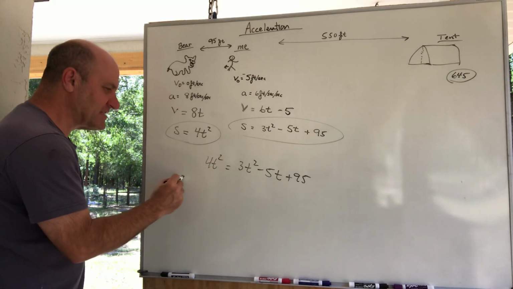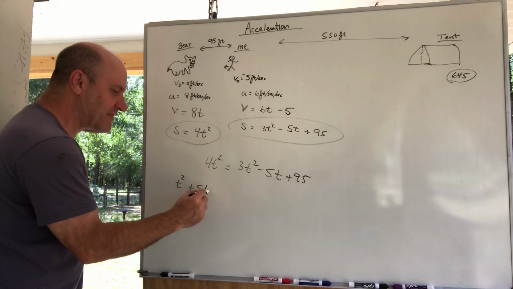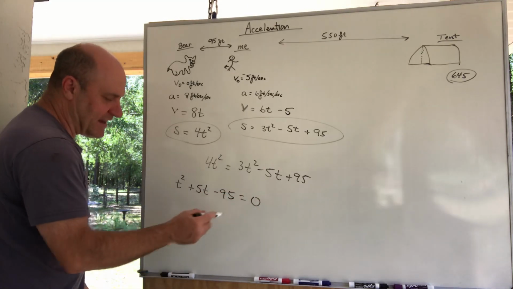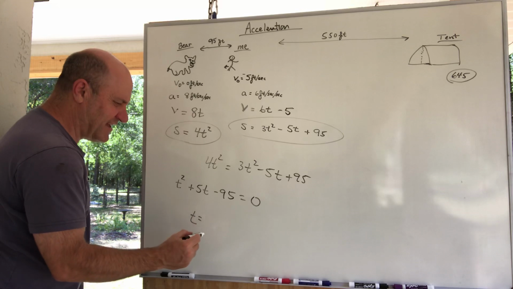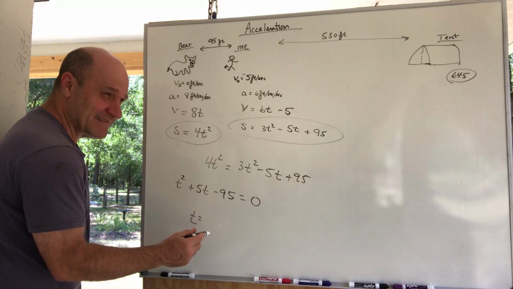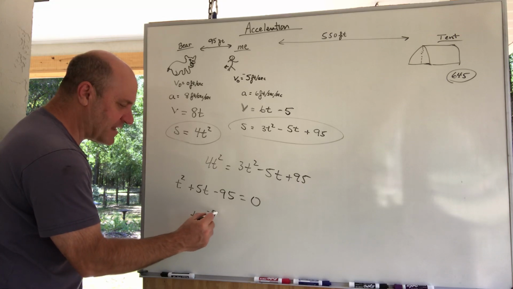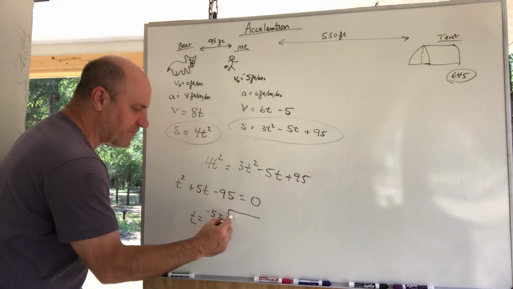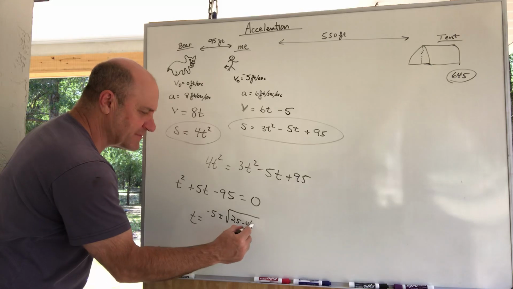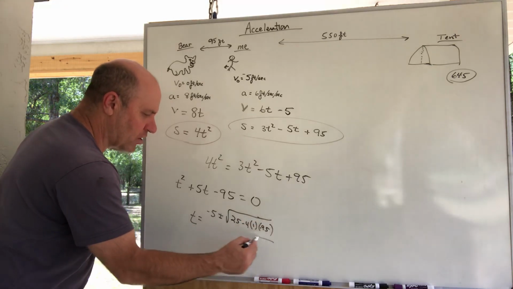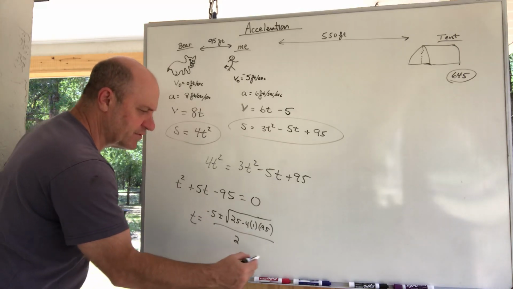That gives me a positive t squared, a positive 5t, and a negative 95 equals 0. I should probably use the quadratic formula, since I don't think it factors. Quadratic formula is negative b plus or minus the square root of b squared minus 4ac, with c a negative 95, all over 2a, which is 2.